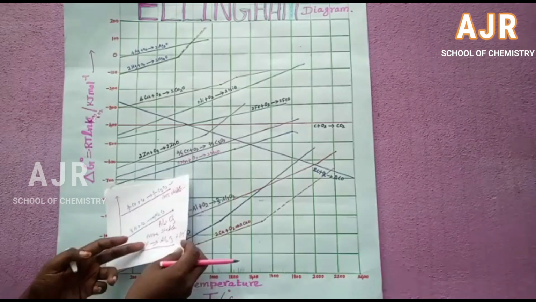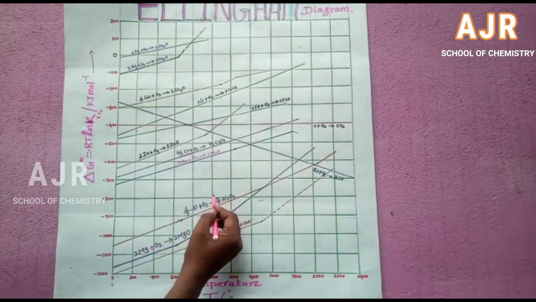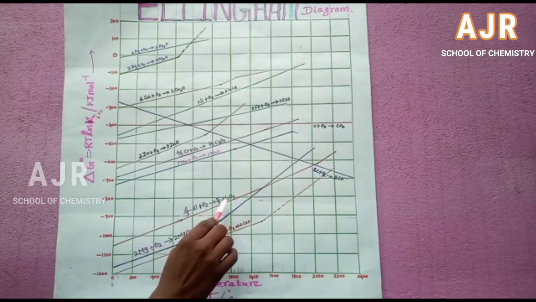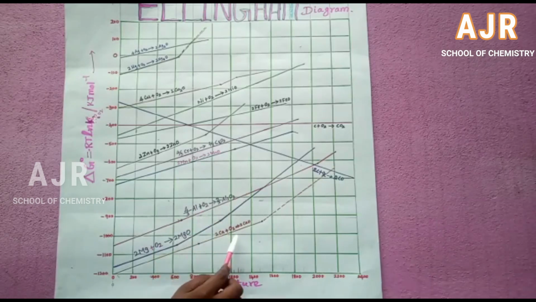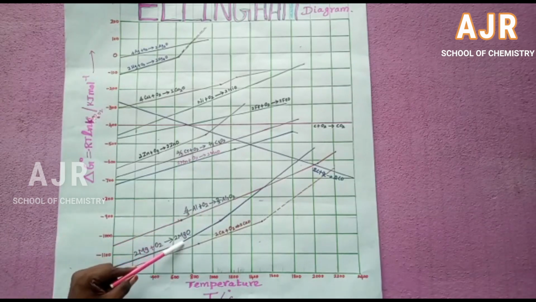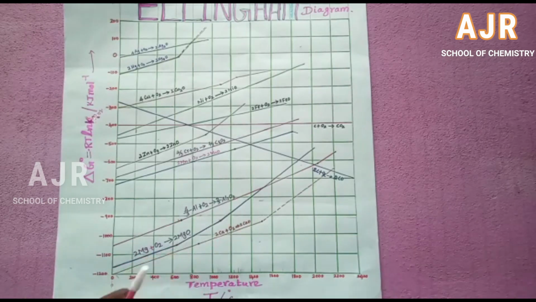However, this Al2O3 formation line is above that of the MgO and CaO, which indicates that aluminium cannot be used as reducing agent for MgO and CaO.